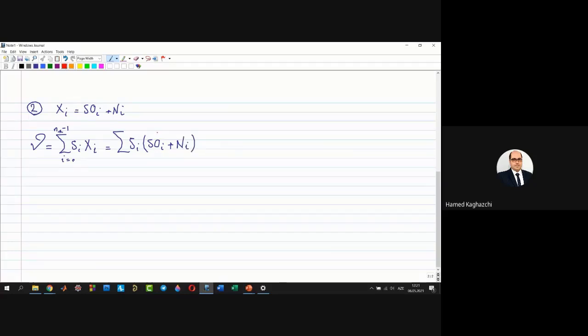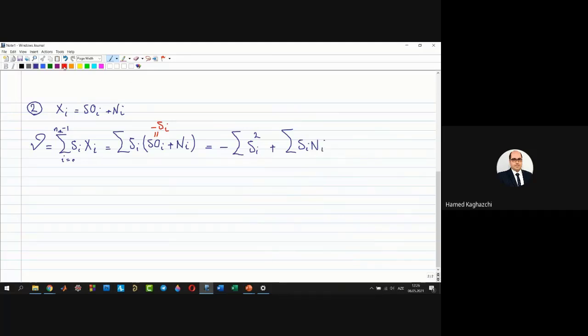Again, if I write minus Si instead of S0i, I can find that Si squared plus Si Ni.